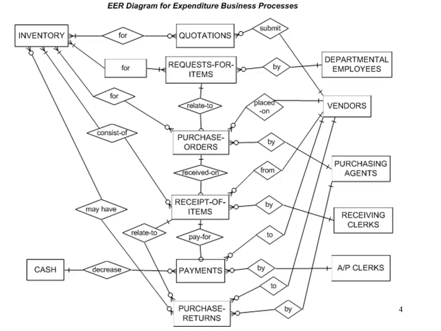Okay, so let's go back and discuss something called the closed world principle. You have this EER diagram, which we discussed today, for the expenditure cycle, and you have two resources here, cash and inventory. If you look at this diagram, what is strange about those resources?